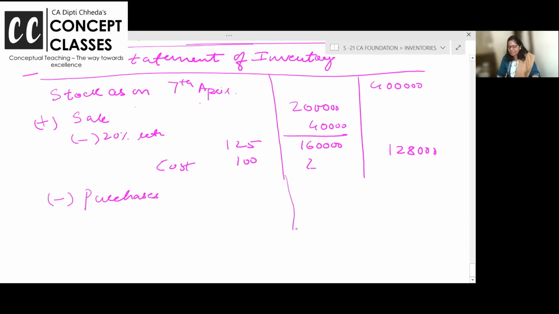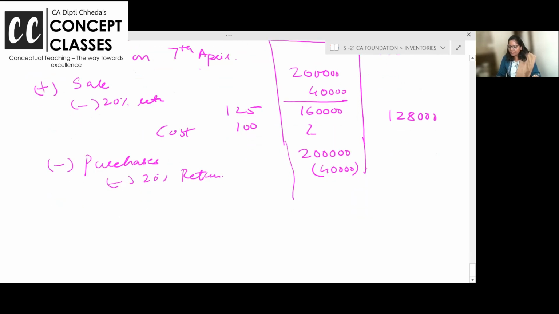Do it calmly, do it well, and if you have any doubt, ask. Purchases of the goods, 2 lakh, minus 20% return, 40,000. So 160 is the purchase after 1st April till 7th, which is included in 7th.